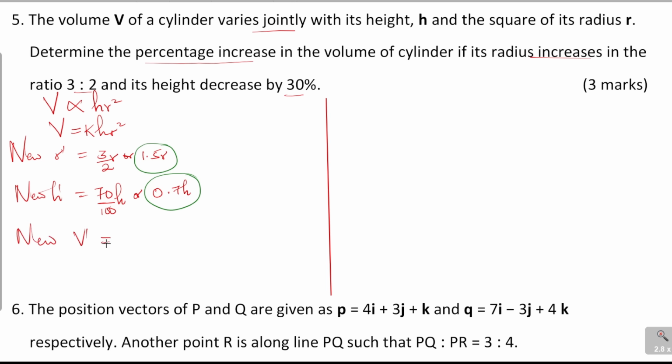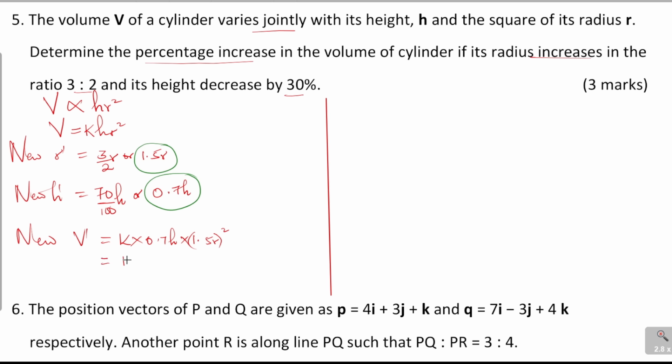We are calculating the new volume using the new radius. So we have k, the constant of proportionality, multiplied by the new height, which is 0.7 h, times the new radius, which is 1.5 r, and you have to square the radius like that. Don't make a mistake of just squaring r and forgetting to square 1.5.